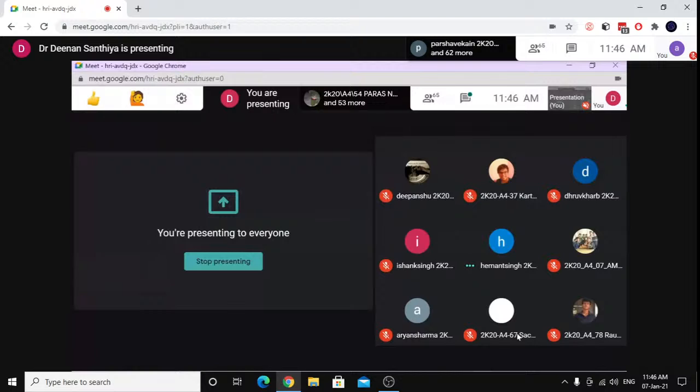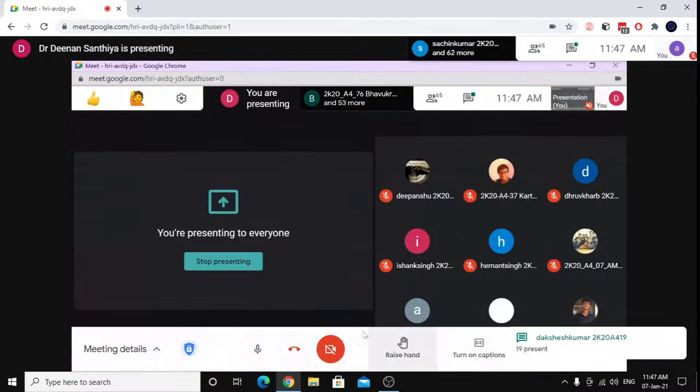Ma'am, the change in color is obtained by the formation of a complex compound. Very good. The uncomplexed metal ion remains, and between the uncomplexed metal ion and the complexed metal ion there is a color change. Based on that we are detecting.